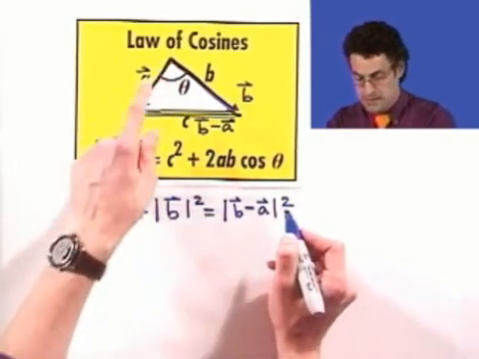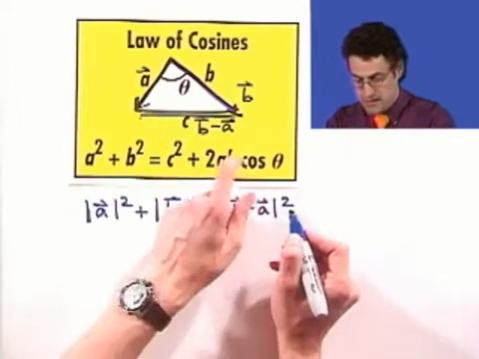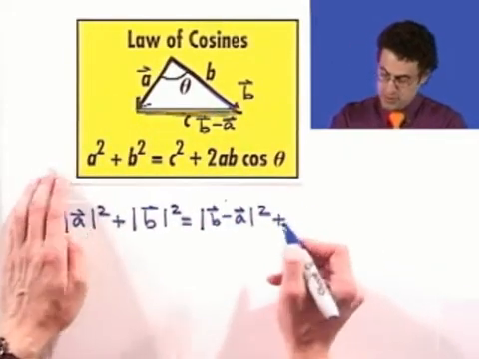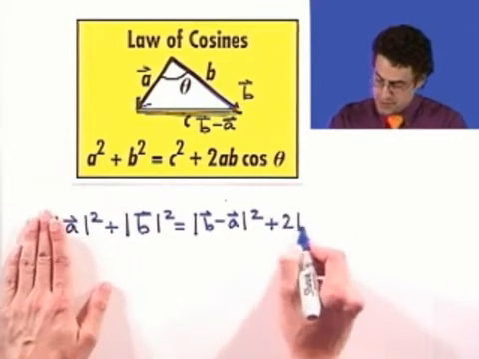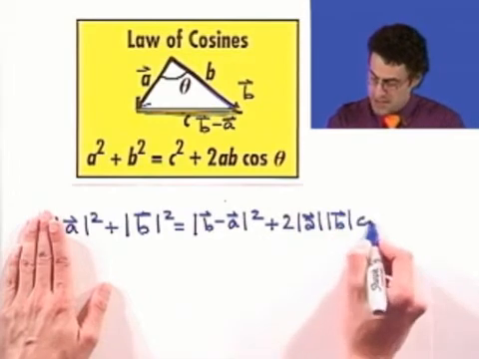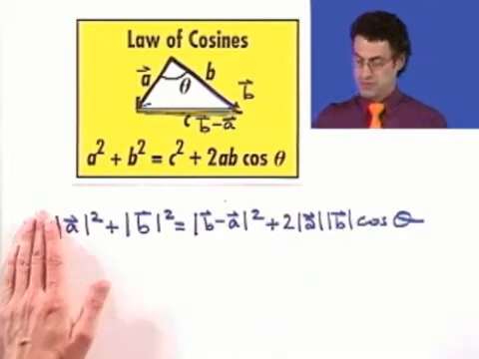See, if you take B and subtract off A, you get that exact vector. Plus 2 times the length of A, length of B, and cosine of the angle between them.